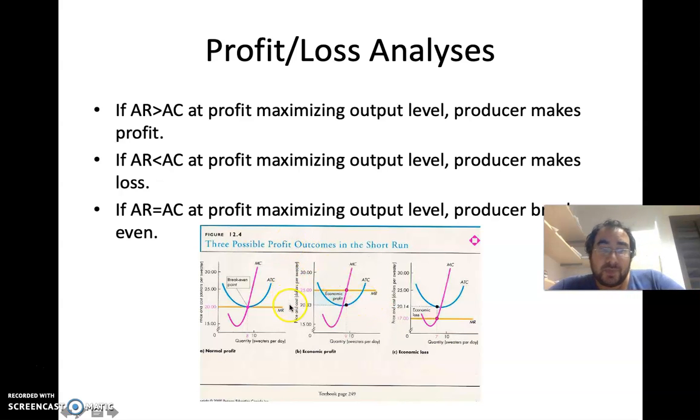Our company breaks even if at the profit maximizing point the average revenue and marginal revenue curve is tangent to the average total cost curve. In that case, the profit maximizing point is the point where average total cost is minimum. If the company just breaks even, it will break even at the point where average costs are minimum, since average revenue is always fixed.